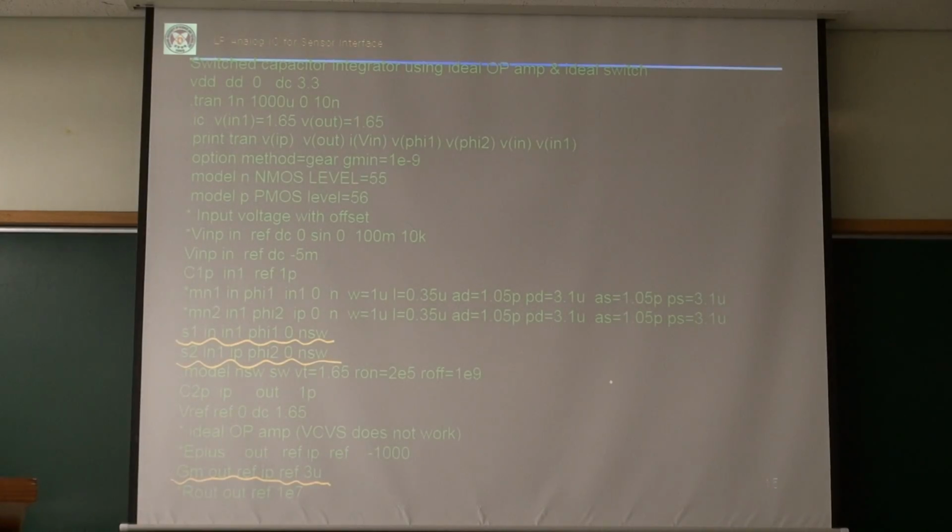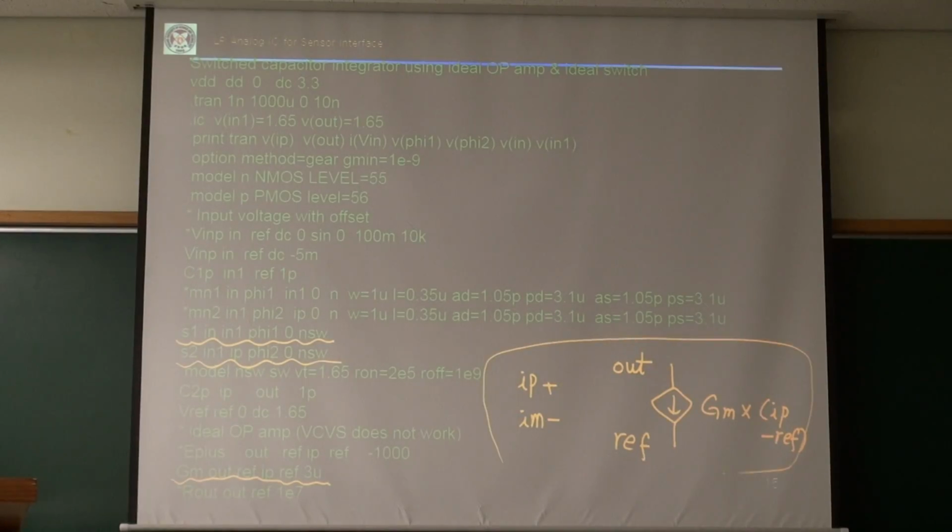This is the op-amp output node, and this is my reference node, 1.65 volt, and there is a current flowing GM times IP minus reference, okay? So I have IP as a positive input, IM is my negative input, right? So this part is my op-amp.